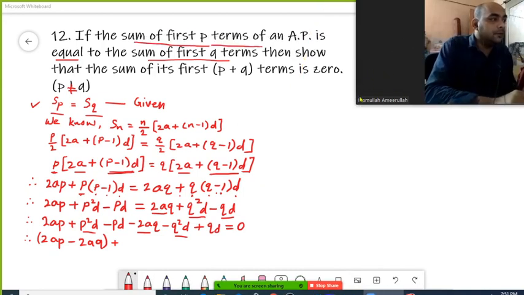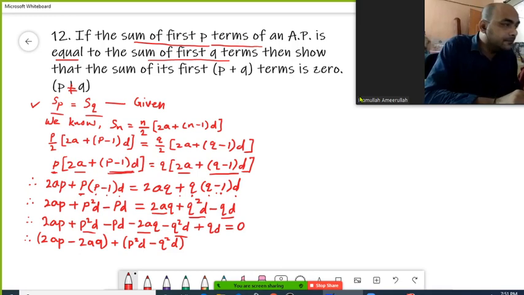Okay, so in the second bracket we can take p square d minus q square d, like this. And in the last bracket I could take pd minus qd.